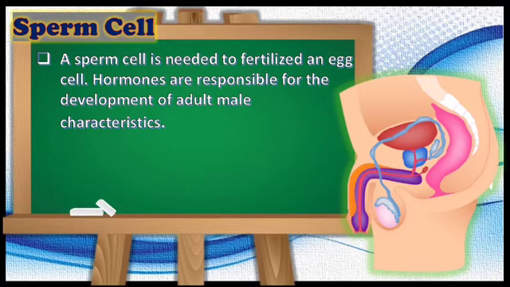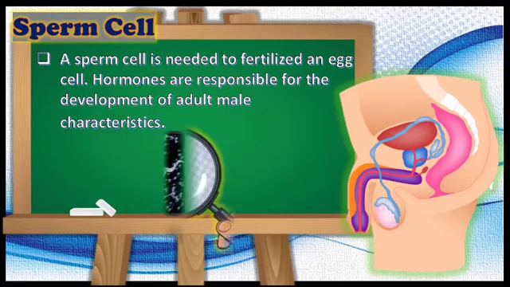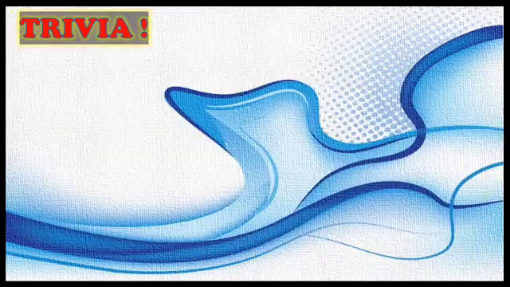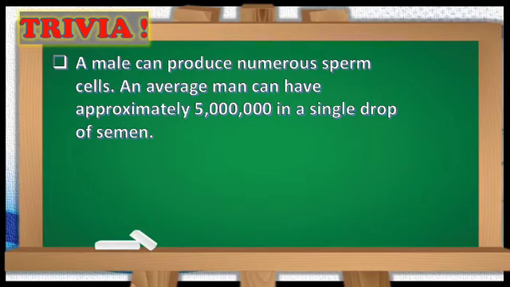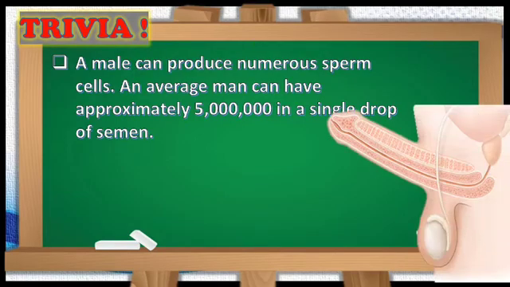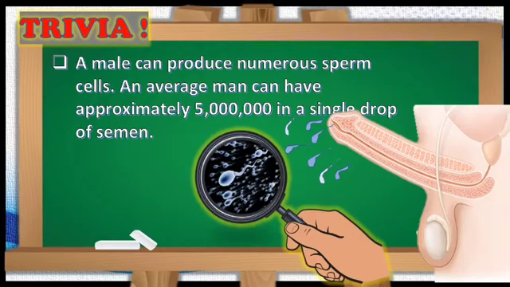So the hormones are responsible for the development of adult male characteristics. And with this, a male can produce numerous sperm cells, and an average man can produce approximately 5 million in a single drop of semen.